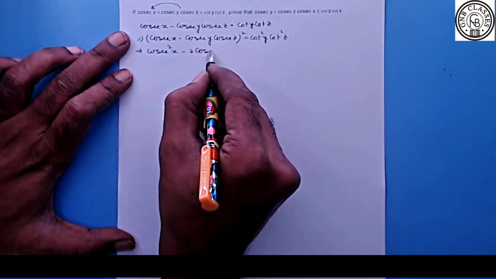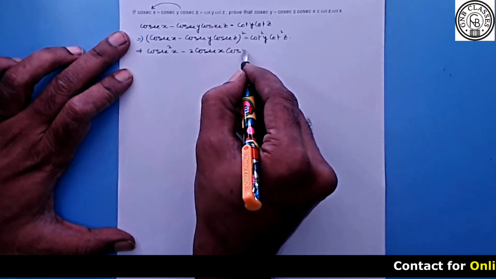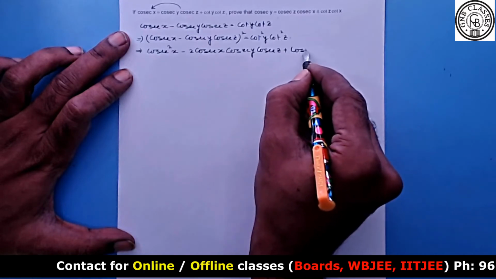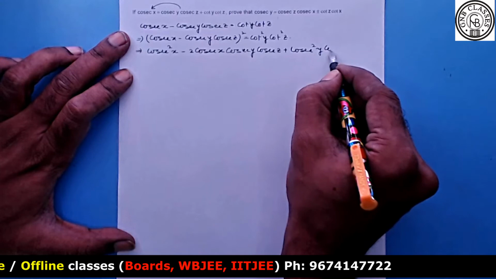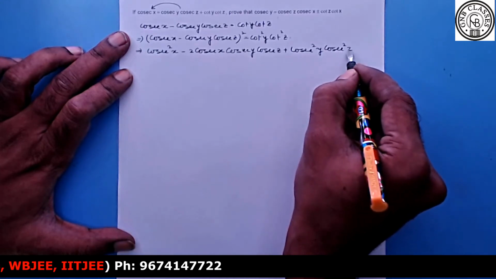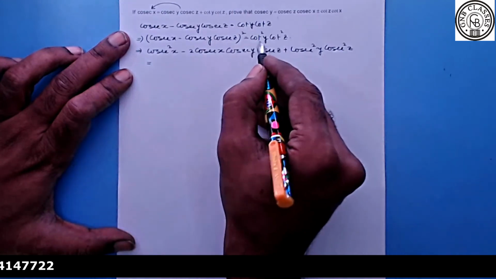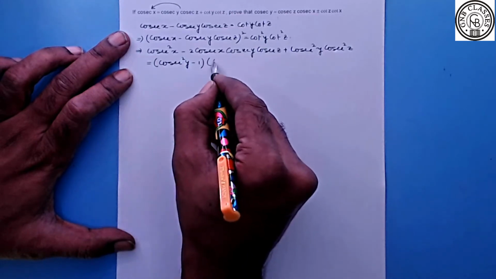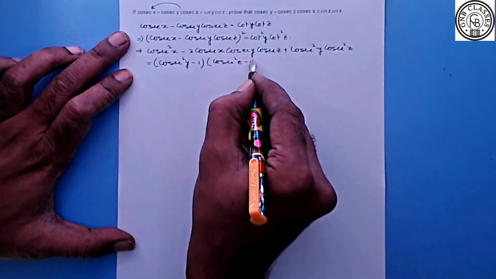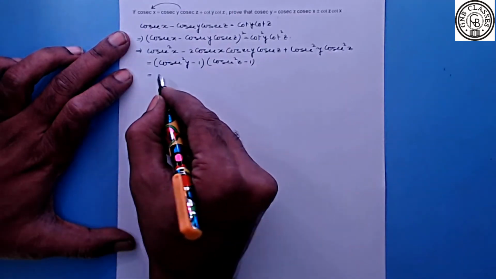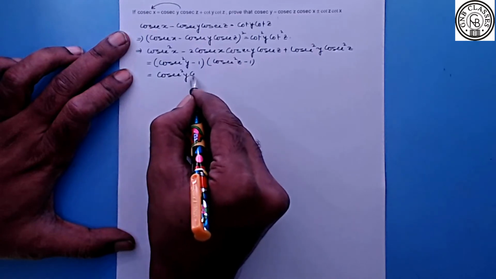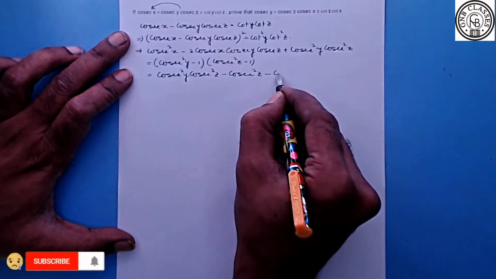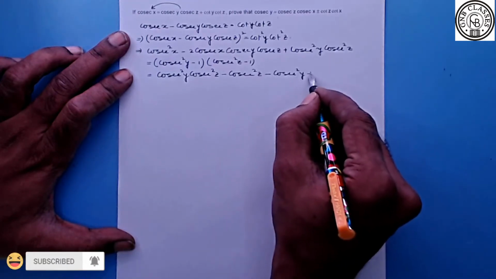A square minus 2ab plus b square equals to cot square y can be written as cosec square y minus 1, cosec square z minus 1. Let me multiply. Cosec square y plus 1.